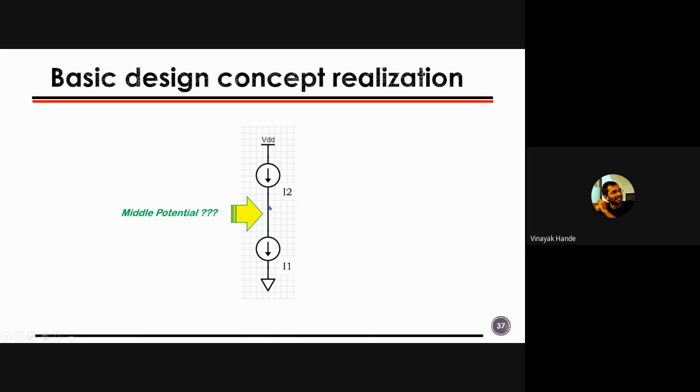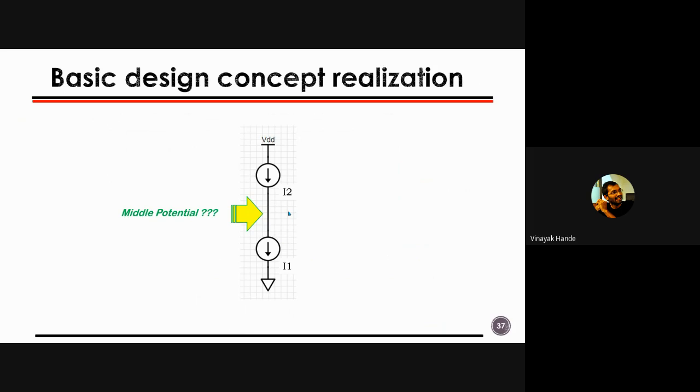If I1 is equal to I2, then the current will not go into the capacitor at all, right? Whatever current is coming from the top is getting sucked by the bottom. So the capacitor does not have any current flowing through it, so it will not charge at all, so the voltage is nothing but zero.